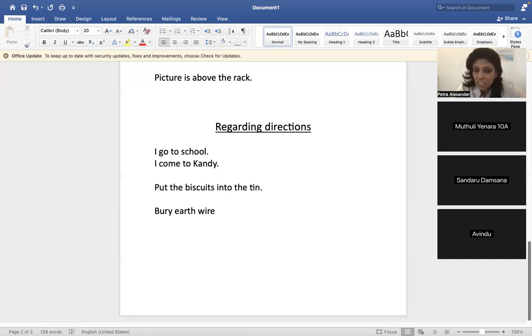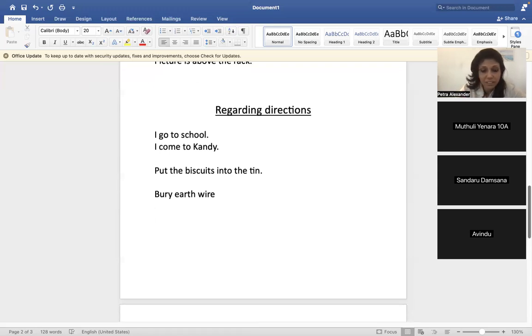That was the answer. So children, English medium children, have written, bury the earth wire, right? This sentence then පොළවට වලලන්න, in the ground. Bury the wire in the ground. පොළවට.